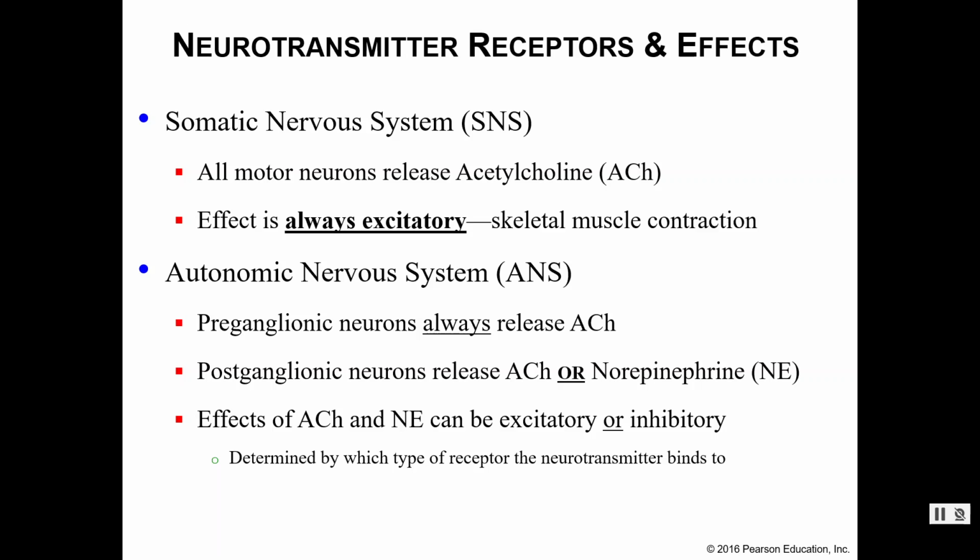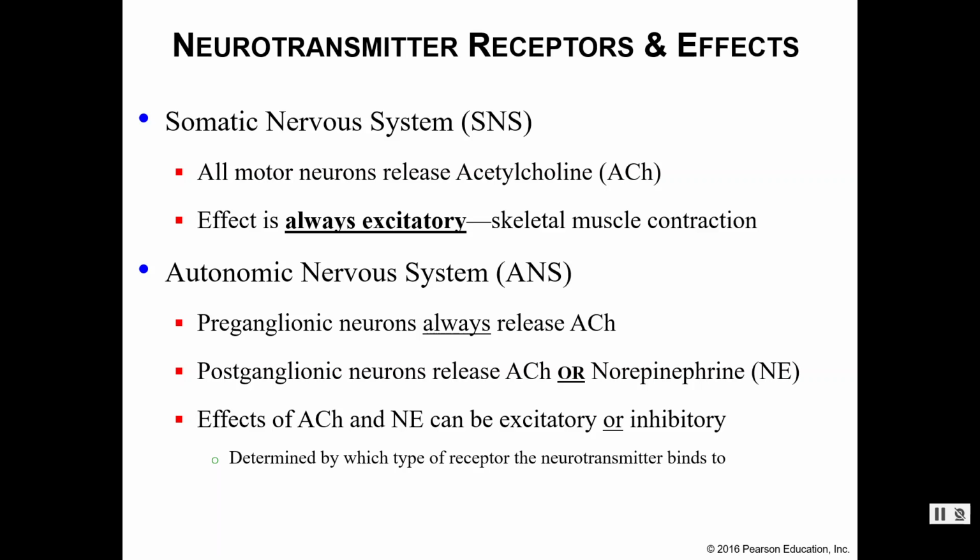Never, not once, did we talk about releasing acetylcholine at the synaptic cleft and it bound to the motor end plate, and somehow we got negative muscle contraction. I don't even know how to describe it because that's just not how it works. Acetylcholine, when it's used by the somatic nervous system, is always excitatory.